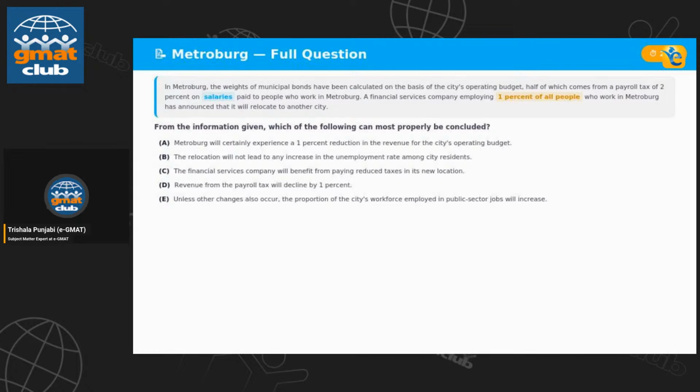Can you guys see the screen clearly? See the question clearly?